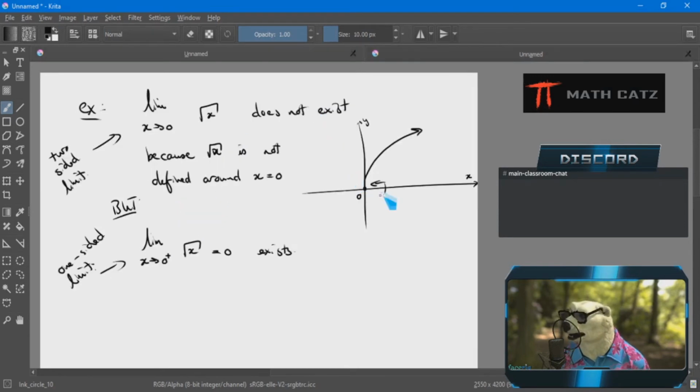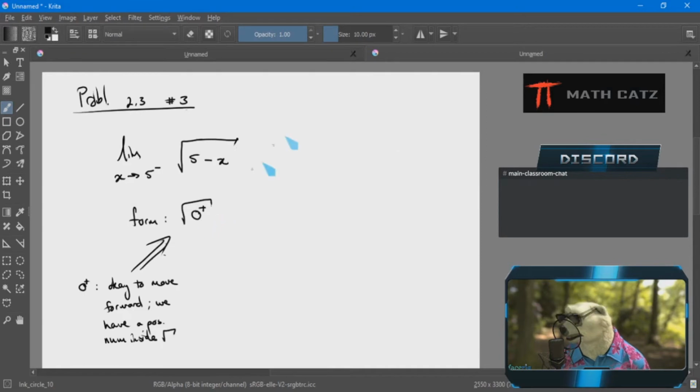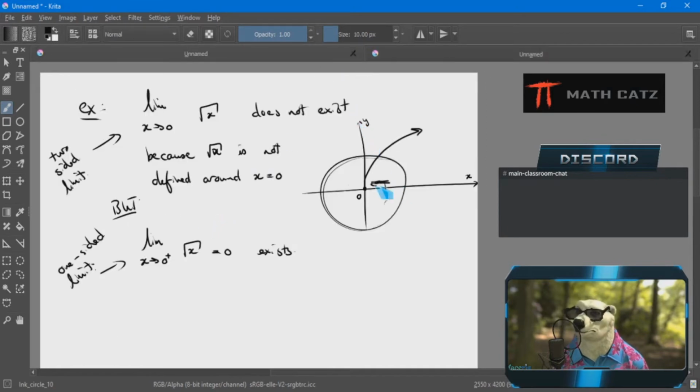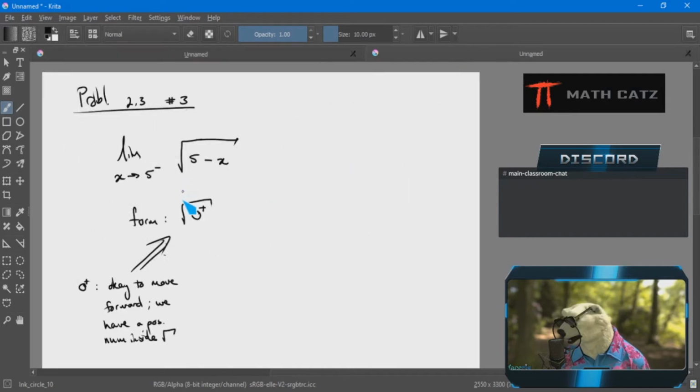Now I need to watch out for this situation. I can't come at it from both sides. But luckily I'm not. I'm always positive, which means I'm exactly the something. It's not x. It's whatever's inside the square root. I am letting that inside something approach 0, but always positive, so I can always evaluate the square root. So I am all okay, and it's going to be 0 and existing.